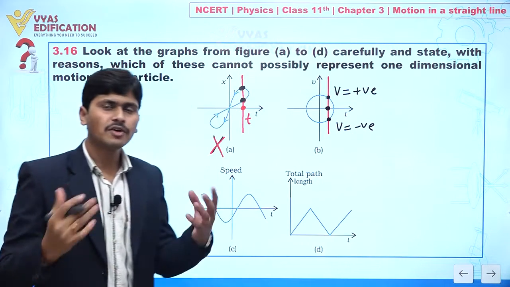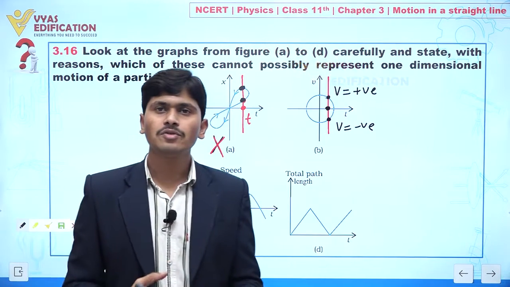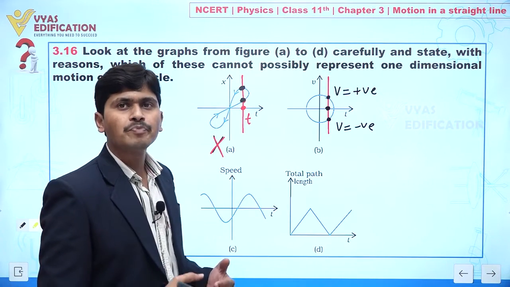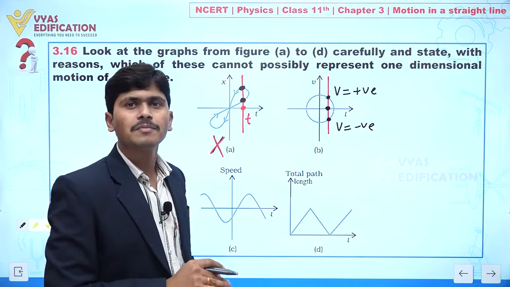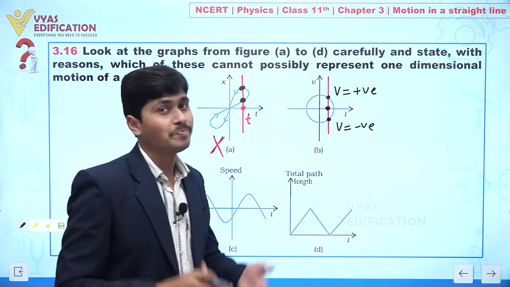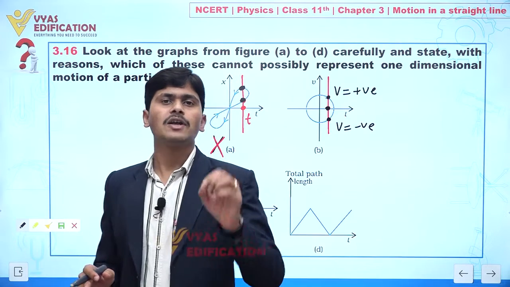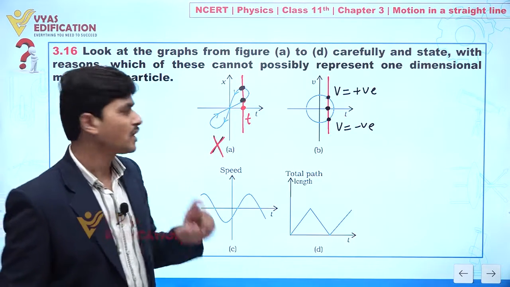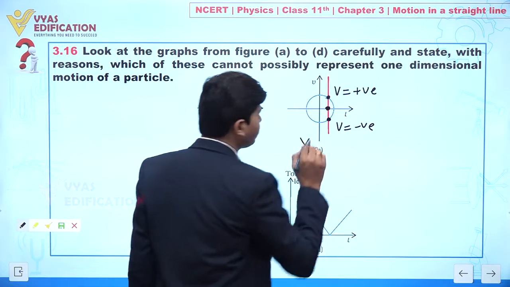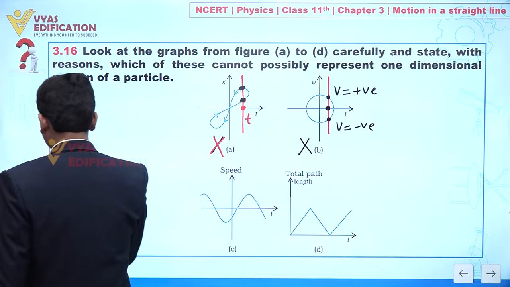It means, let's suppose I say that at time t equal to 2 seconds, the particle is moving in the positive x direction, and the particle is also moving in the negative x direction. This is not possible. Yes or no? Because at a particular time the particle will always move in a particular direction. Clear? It means we can say this is also not possible. Clear to you? Yes or no?